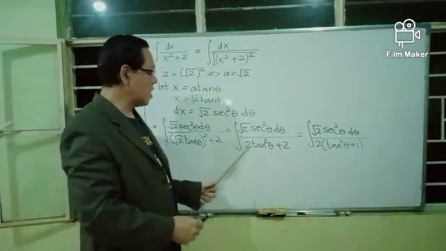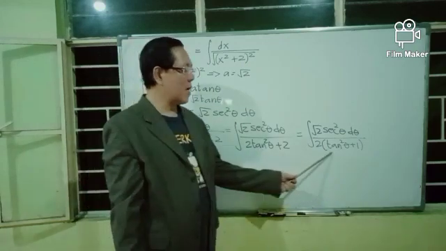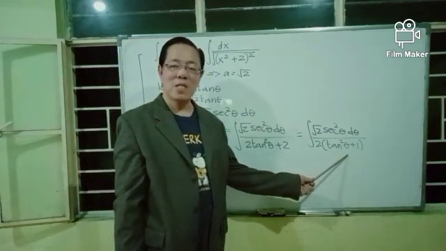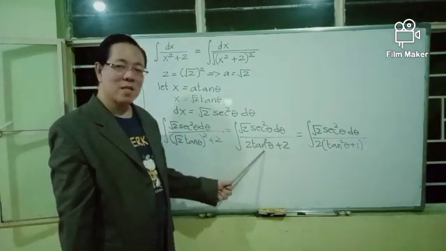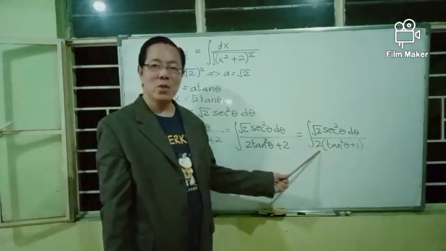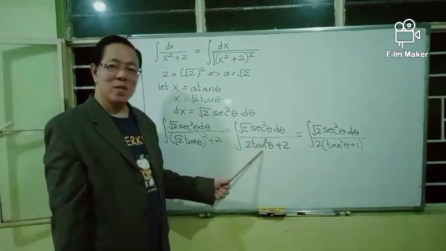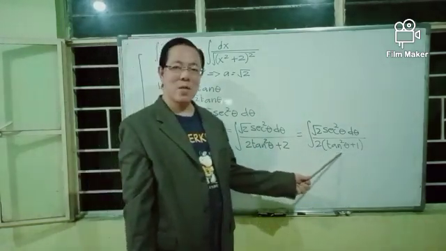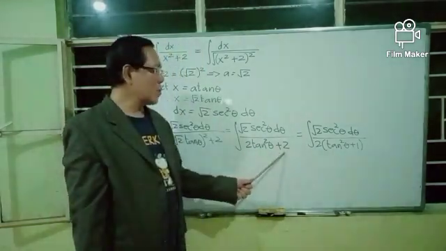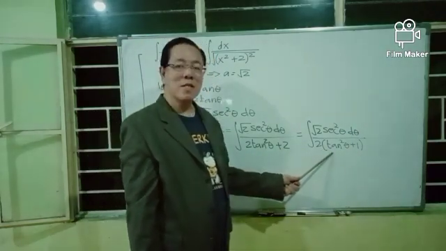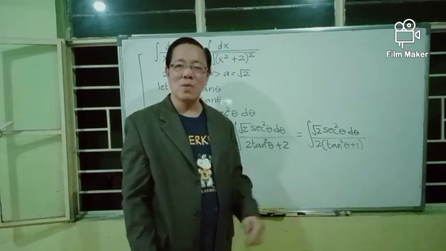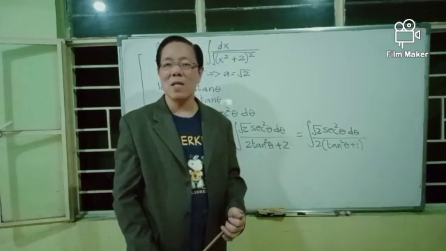When we factor out the common factor 2, the other factor, tangent squared theta plus 1, is obtained by dividing each of these terms, 2 tangent squared theta and 2, by 2. 2 tangent squared theta divided by 2 is tangent squared theta, plus 2 divided by the common factor 2 is 1. And to this tangent squared theta plus 1, we make use of a Pythagorean identity.